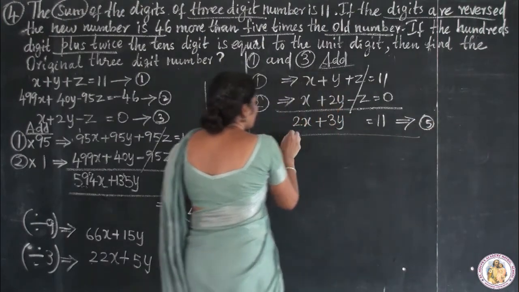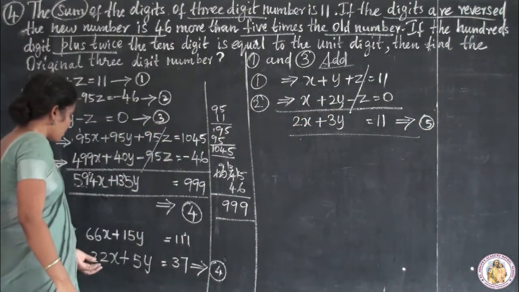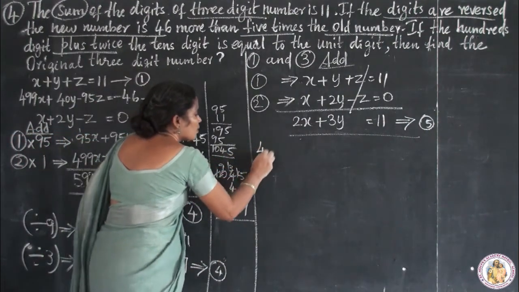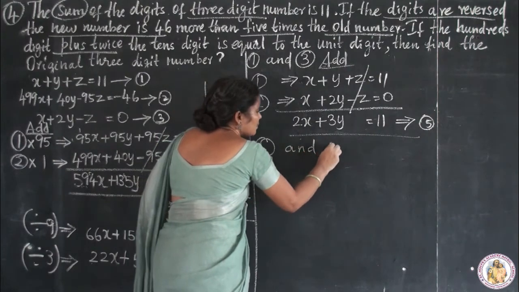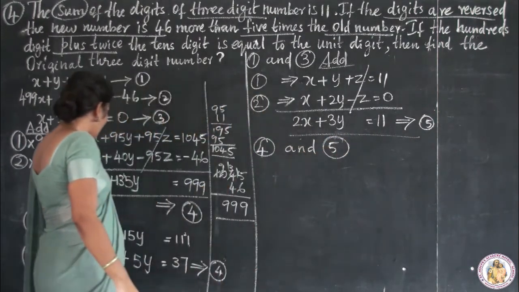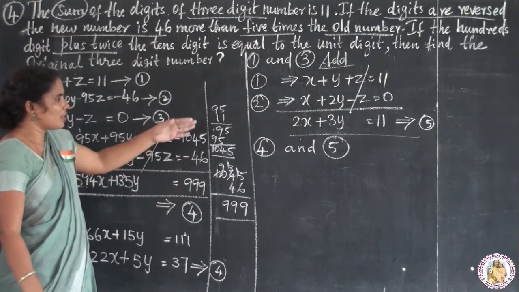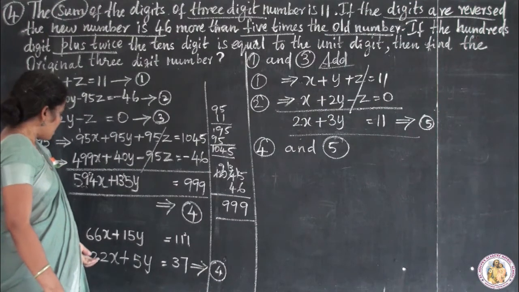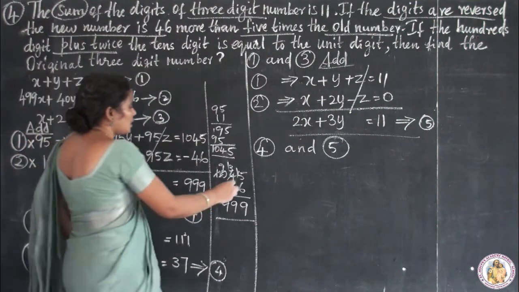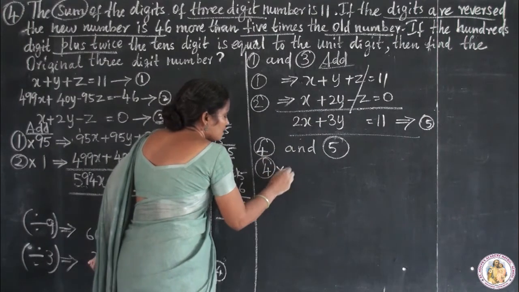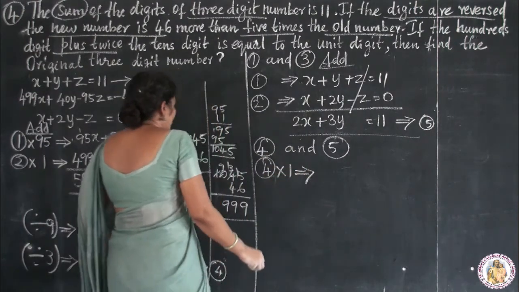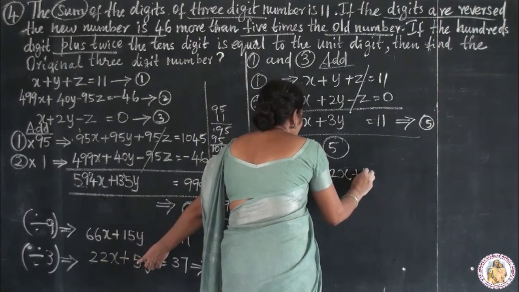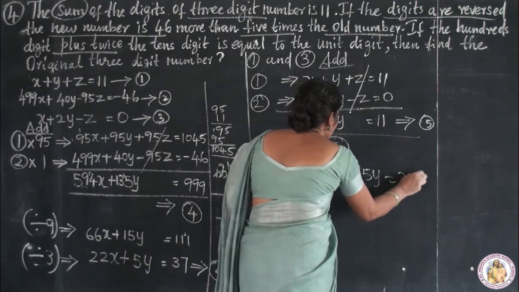Taking this as fifth equation. Now we have fourth equation, 22x plus 5y, same variables, so take fourth and the fifth equation. We can decide either we are going to cancel x or y. So we will go with x. To cancel x, fourth equation comes as is, so multiply with 1. 22x plus 5y is equal to 37.